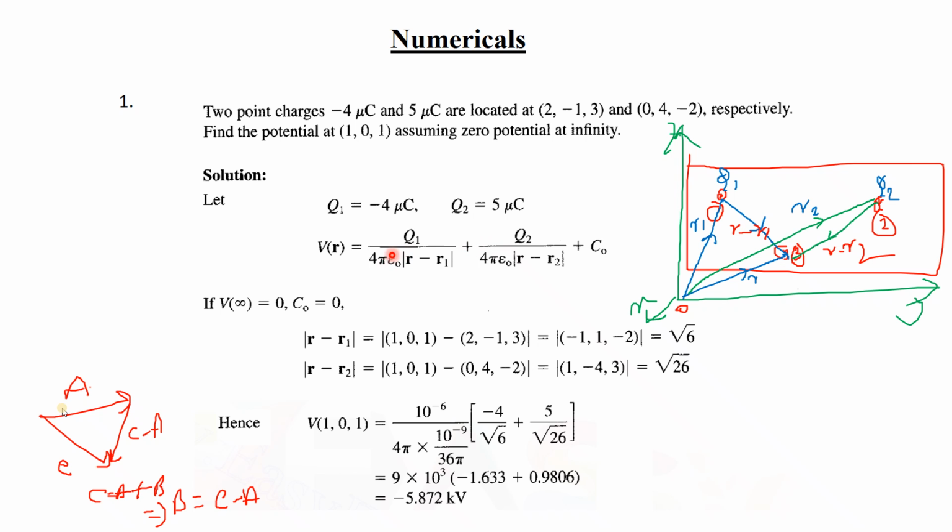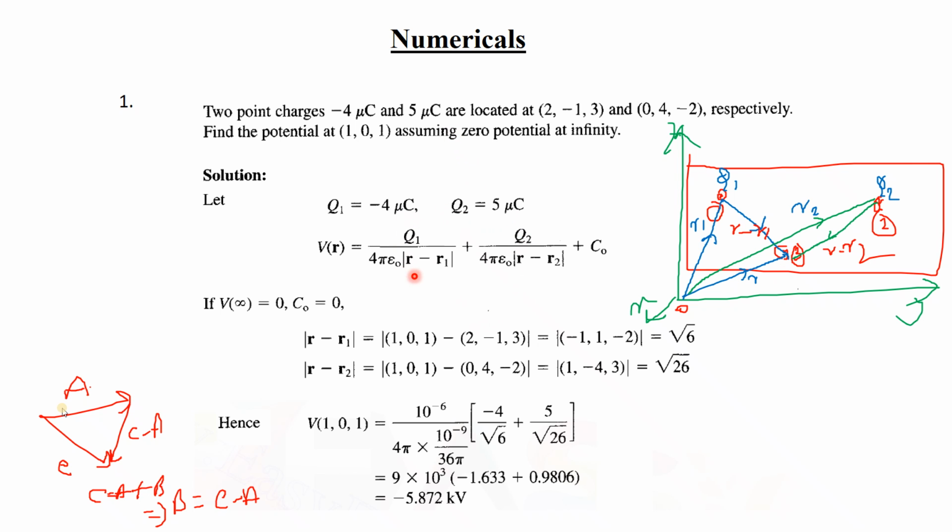Potential at this particular point will be the potential due to charge Q1, which is Q1 by 4 pi epsilon naught into the distance r minus r1, plus Q2 by 4 pi epsilon naught into r minus r2. Plus the contribution due to infinity, which is 0, so not required.